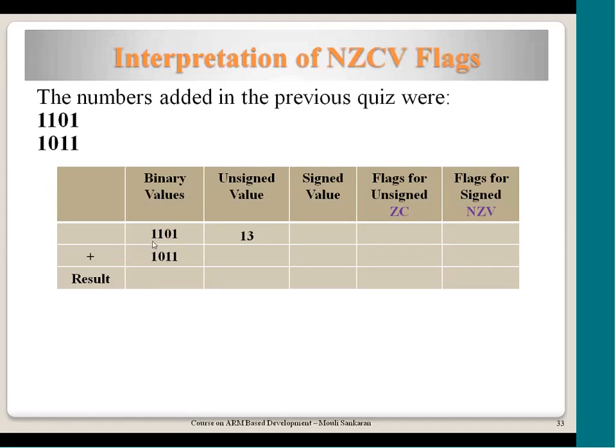Because it's a 4-bit number, remember that, this is the MSB bit. If it is 1, this is a sign bit actually, so it is a negative value. In this processor, especially the ARM processor, and most processors, use 2's complement as the representation for signed numbers. So in this case, it is representing 2's complement.